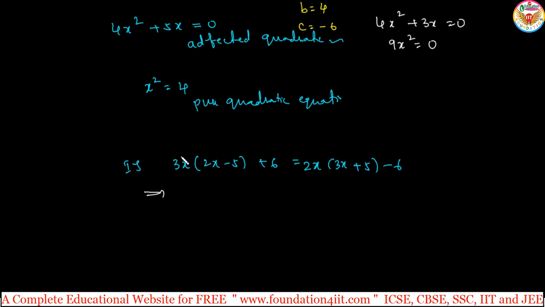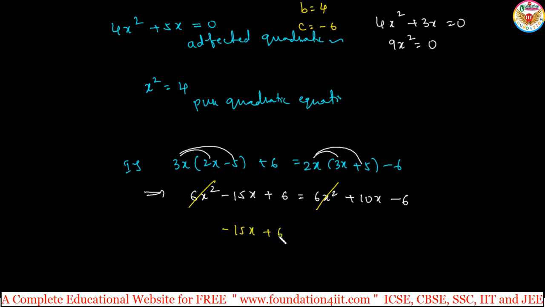On both sides, the distributive property can be applied. 6x square minus 3x into 5, 15x, plus 6 on this side. 2x into 3x, same 6x square. 2x into plus 5, 10x minus 6. On either side, 6x square cancels. Then finally 15x plus 6 is equal to 10x minus 6.